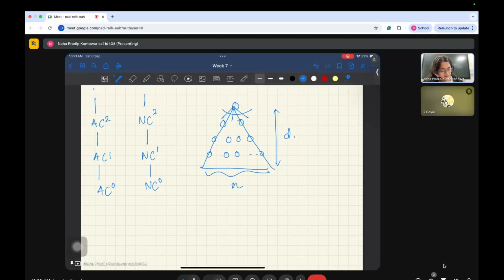I don't know if it is easier to see this if we go bottom up.